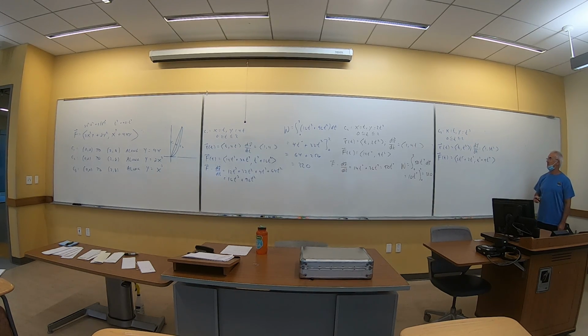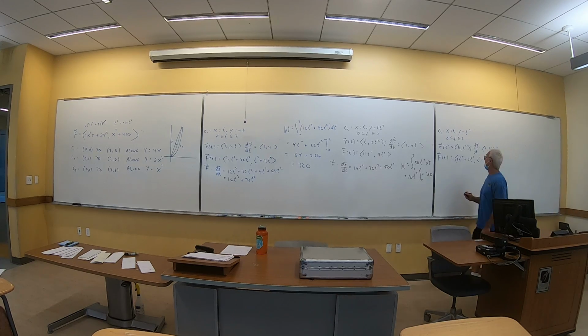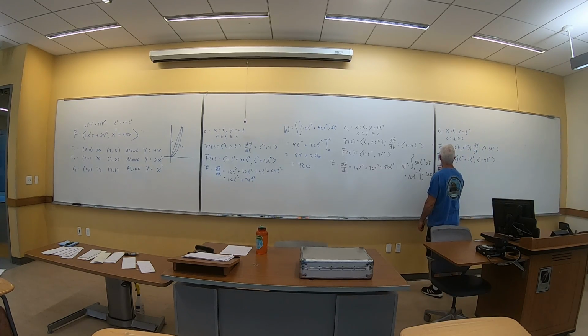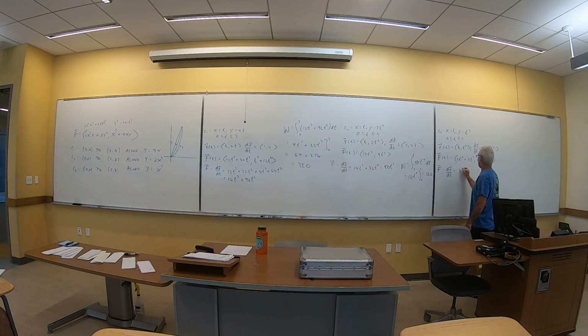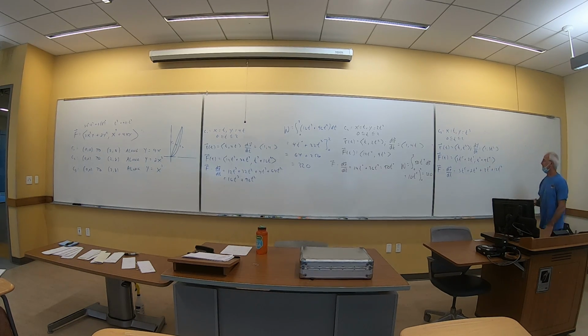Boo-boos are unacceptable. Okay. So f dotted with dr/dt, this one's a little more complicated. I'm going to get 3t to the 5th plus 2t to the 6th plus 3t to the 5th plus 12t to the 6th. So that ends up being 6t to the 5th plus 14t to the 6th.